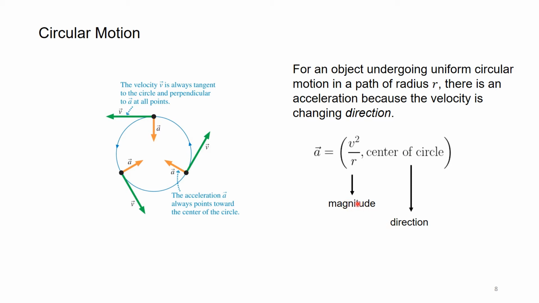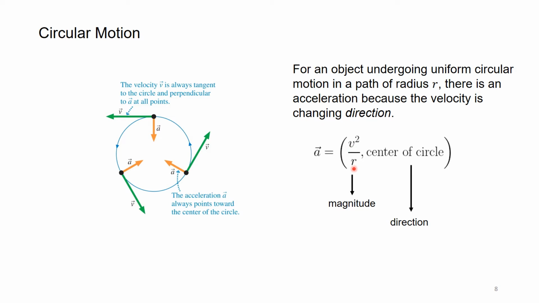And the magnitude of the acceleration is given by v square over r, where v is the speed of the object and r is the radius. We won't derive the magnitude in this lecture, but if you derive the acceleration in terms of the speed and the radius, you will see that the magnitude turns out to be v square over r.